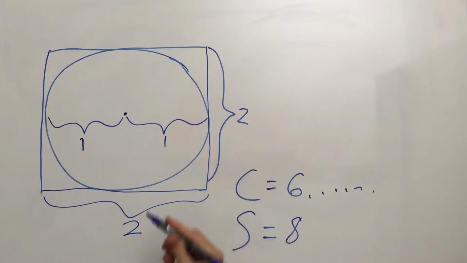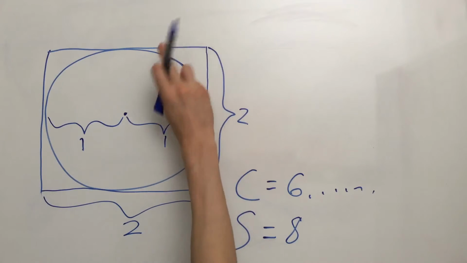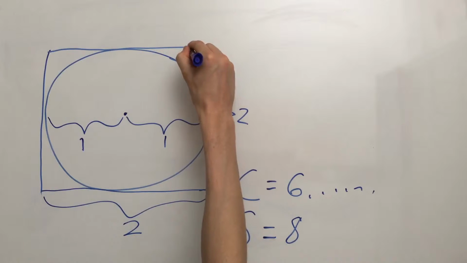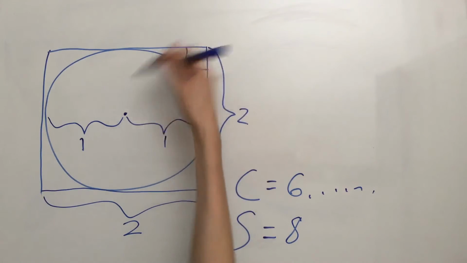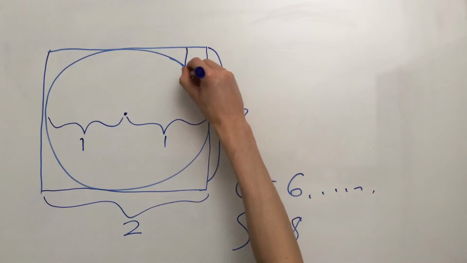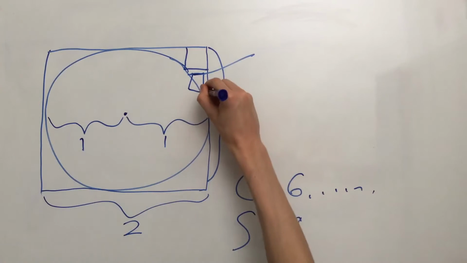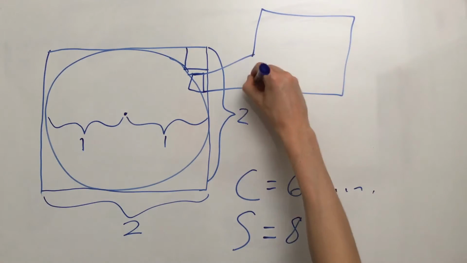Well, you could also simplify this by saying, okay, let's fold this corner over. So let's say it folded over so that it was touching like that. And let's say we took a little snapshot of this little area and blew that up so that it was much larger.